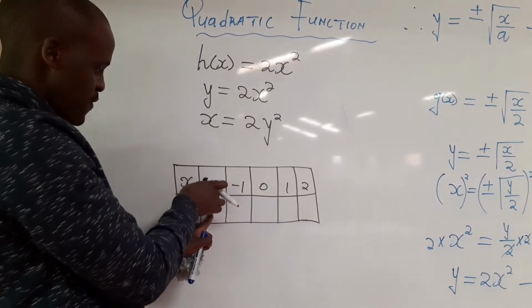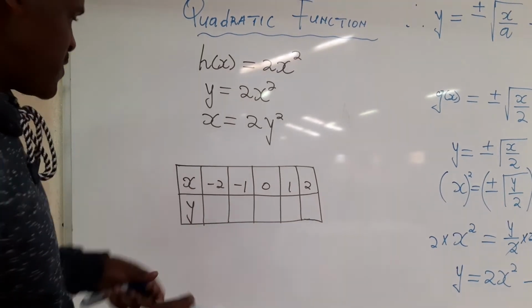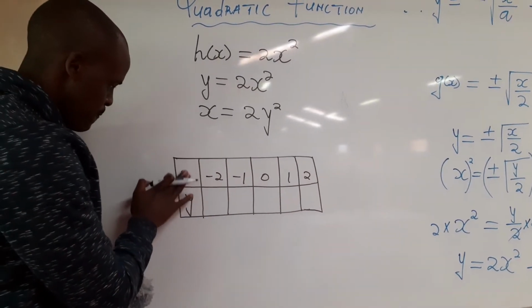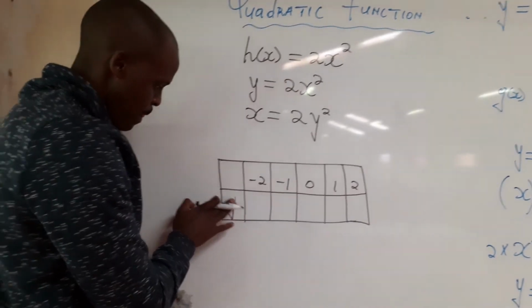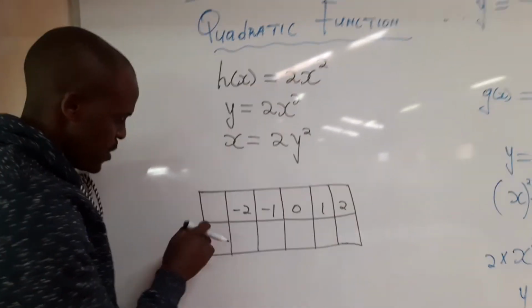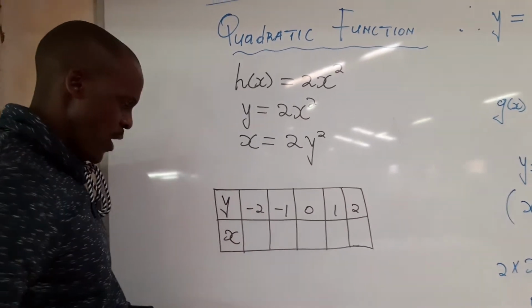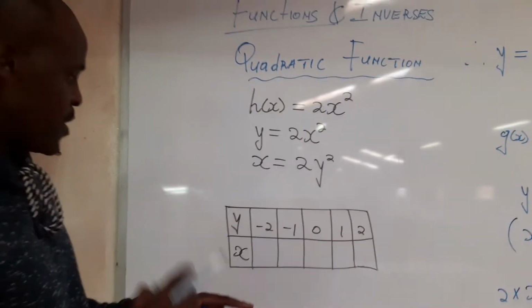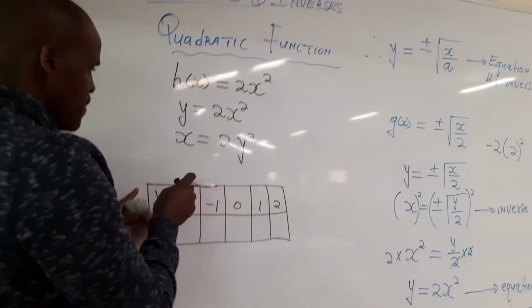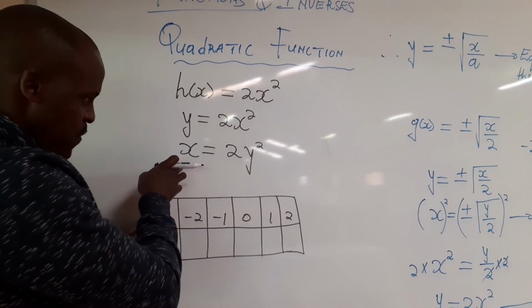If x is -2, what will be the value of y? But since x is the subject, let's swap again. Since it's the inverse, let us make it simple. Y is to x. We are swapping them now.